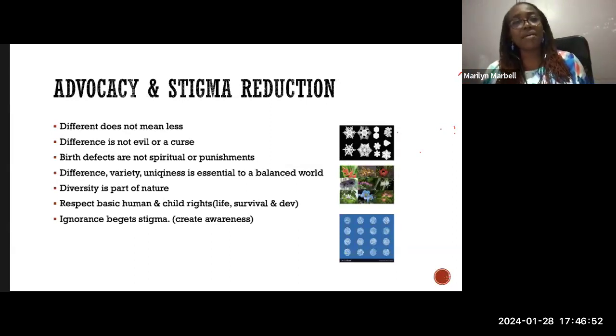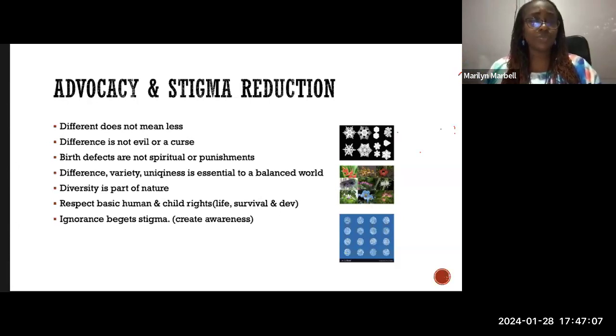Advocacy and stigma reduction. I think this is probably the most important for me. We've learned about birth defects, how they come about, and the risk factors. But most important, we've learned that the majority of the time it's nobody's fault. And these children who are alive and with us, the moderate and major ones, have basic human rights.